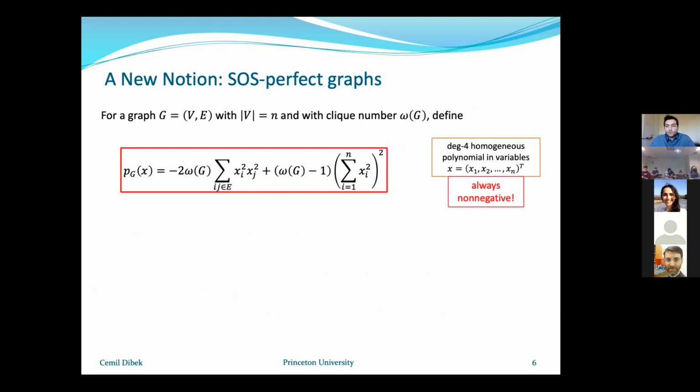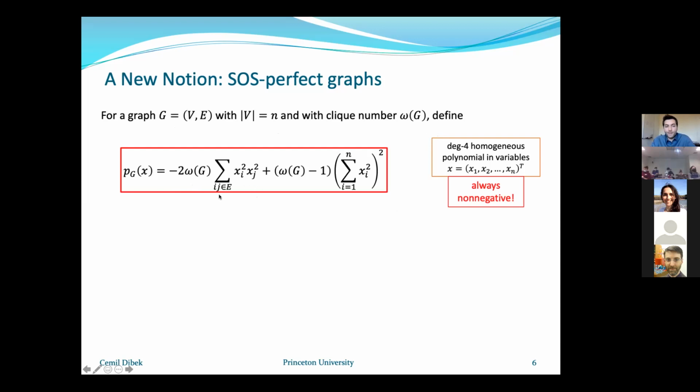Okay, good. So now that I have introduced both sum of squares polynomials and perfect graphs, let me now introduce a new notion that brings together these two notions, which we call SOS perfect graphs. So first, we define a polynomial. For a graph G on n vertices and with clique number omega, we define the following polynomial, P_G(x). So it goes as follows: minus 2 omega times the sum of these monomials, xi squared xj squared.